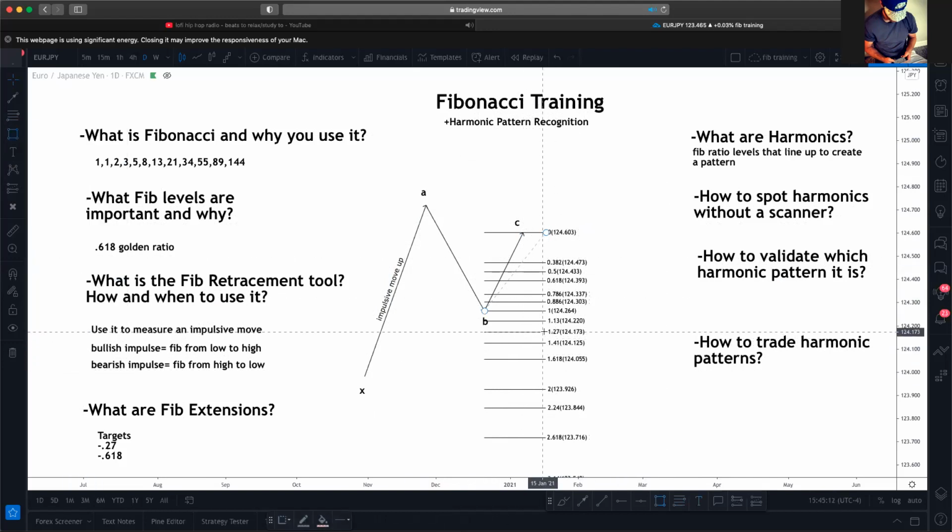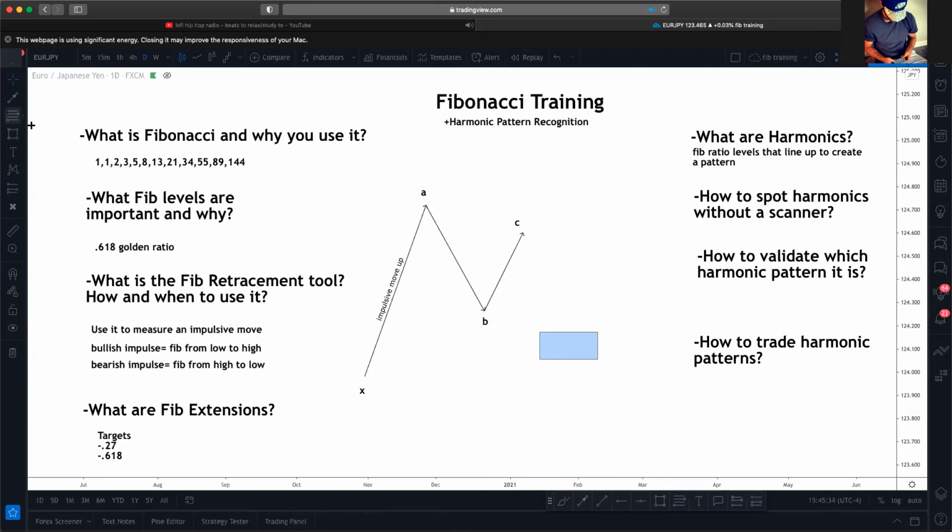All this stuff is great, but to enter the market, this is where you're really looking. So you're getting a zone from the 127 for a Gartley and the 1618. So this would be the buy zone from this extension down.